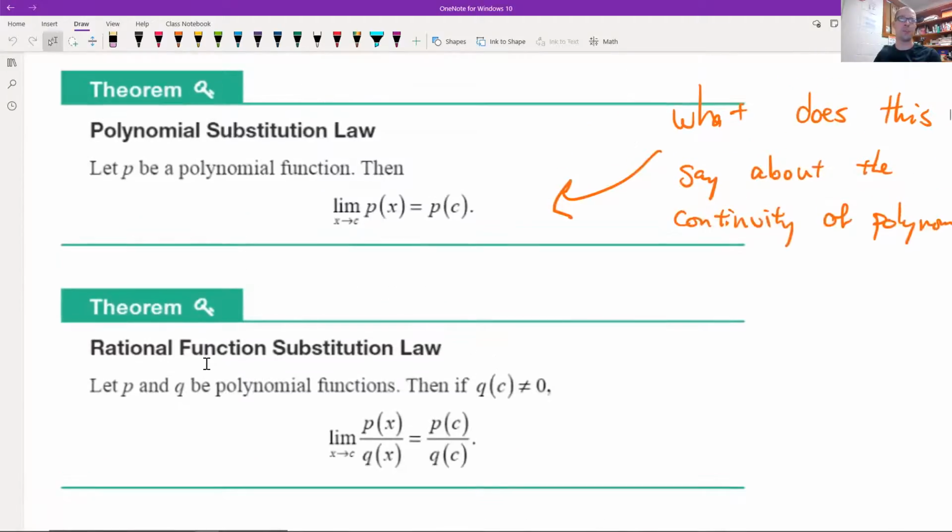Okay, so another one, rational substitution law. Here we just have a polynomial on top of another polynomial. So it makes sense that just substituting in c is going to work for all rational functions. The only place that you might encounter a hiccup is when the denominator would equal 0, because that means that the whole expression is undefined.